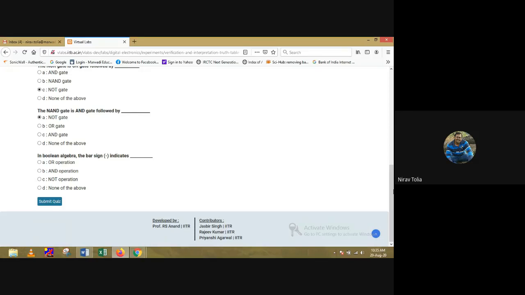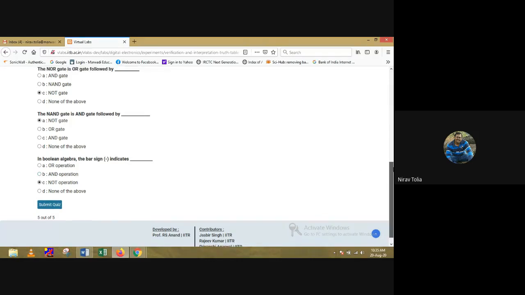Nishita, Parthiv, Keyur, Disha, Miloni give the answer, which is a NOT operation. Then you can check whether your answer is right or not. You can submit the quiz, and it gives you the result that you are getting 5 out of 5. So that means all the answers are right.